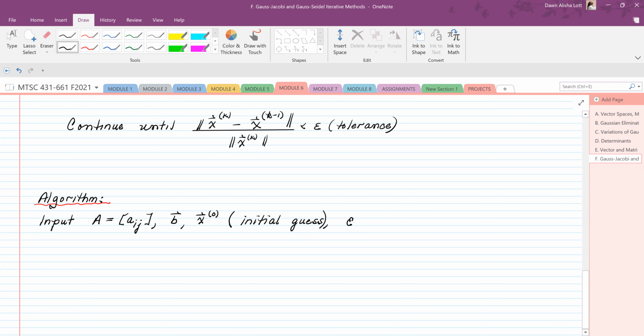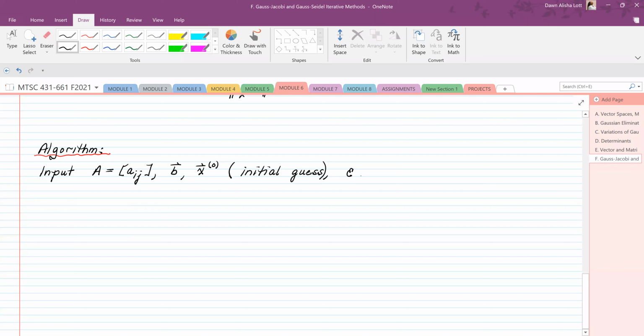All of that needs to be in there. And I need to tell it N, how many iterations I'm willing to tolerate before I just have it stop.